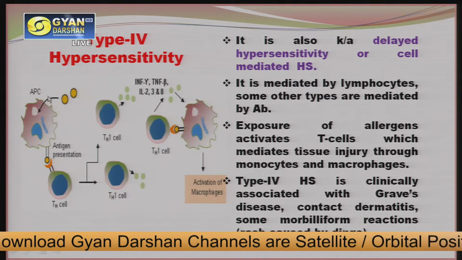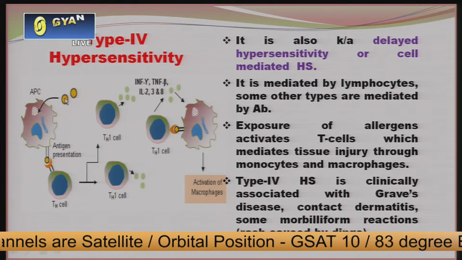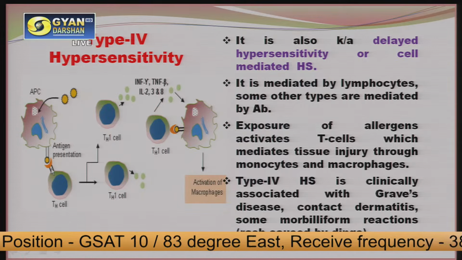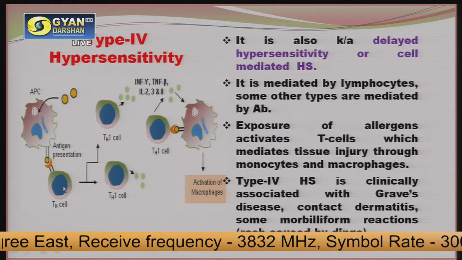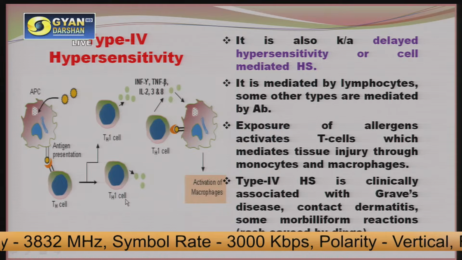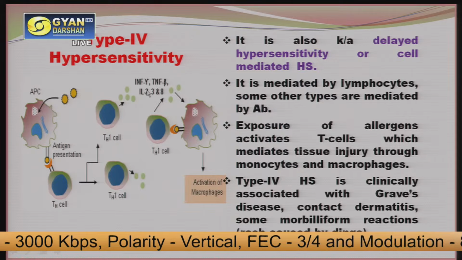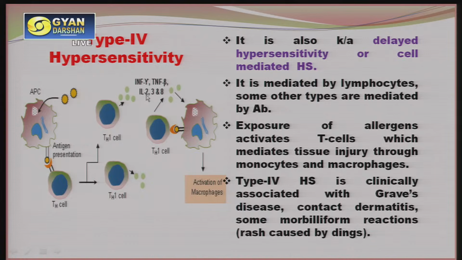You can see here the antigen presenting cell and the allergen, in yellow color. They bind to the T cells, which have receptors that recognize it. The T helper cell 1 releases cytokines, including interferon gamma, interferon beta, and interleukins 2, 3 and 8.